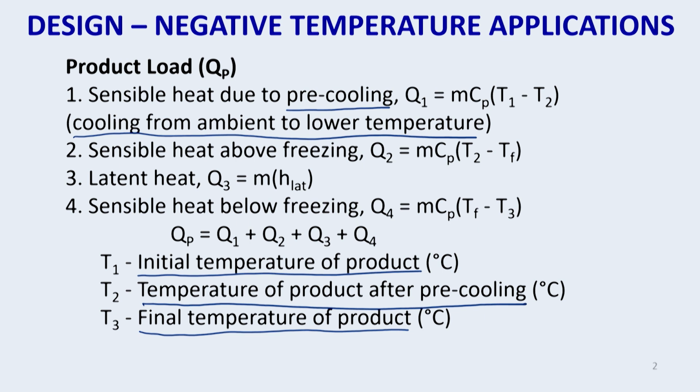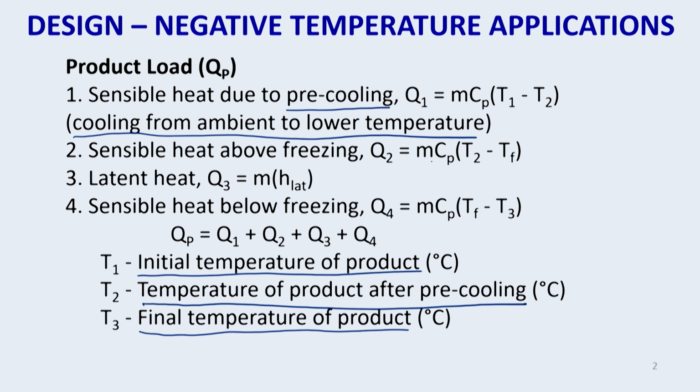Four temperatures are there. Based on these four temperatures, there are four heat loads: three sensible heat loads and one latent load. Q1 is the sensible heat load due to pre-cooling from the ambient temperature to a lower temperature which is above freezing. Then the sensible heat load above freezing, Q2.